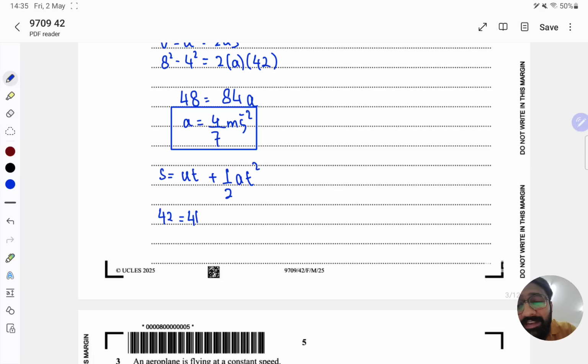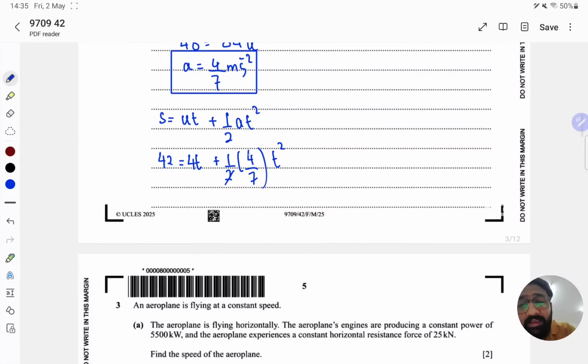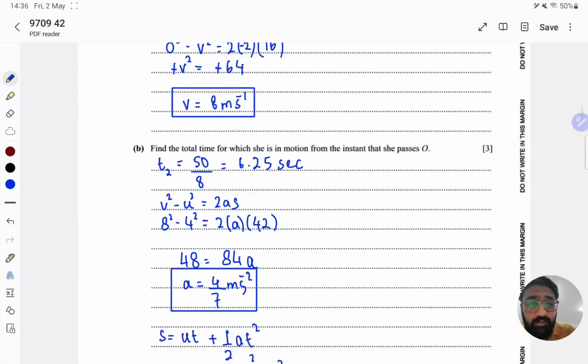We need to calculate the time, plus 1 by 2 times the acceleration for the first portion of the journey, which is 4 over 7. Now if we simplify, we will have 42 equals 4t plus 2 over 7 t square. If I make it a quadratic equation, let me write it here.